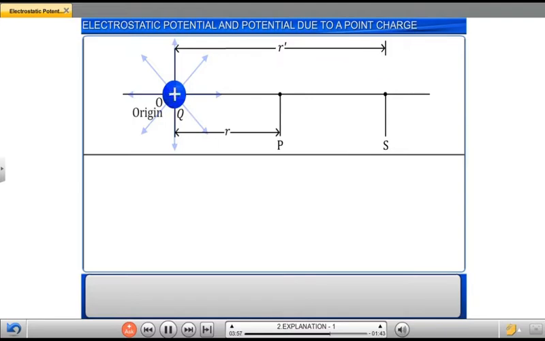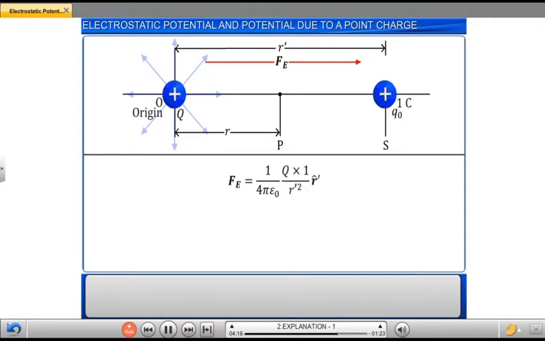Let a unit positive charge Q0 with a charge of +1 coulomb be placed at point S. The electrostatic force Fe between Q and a unit positive charge placed at S will be equal to 1 by 4 pi epsilon naught into Q into 1 by r' square into r' cap, where r' cap is the unit vector along the direction of OS.